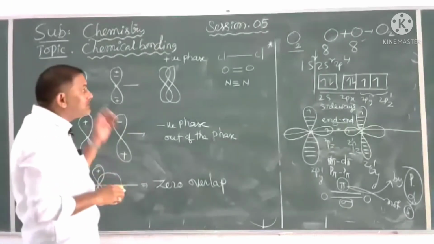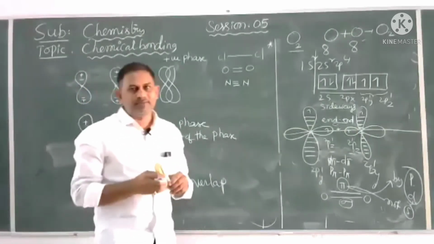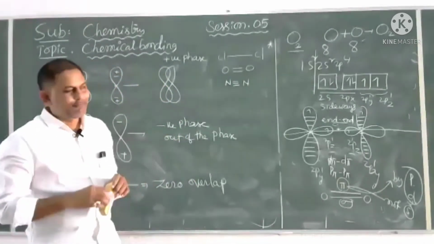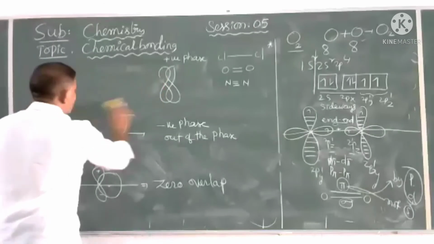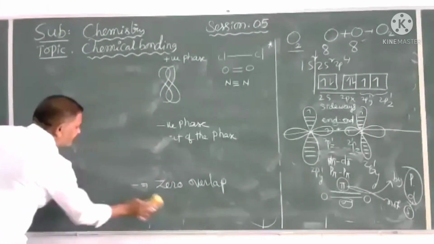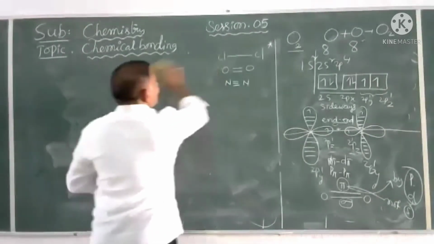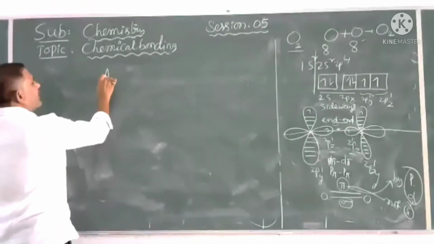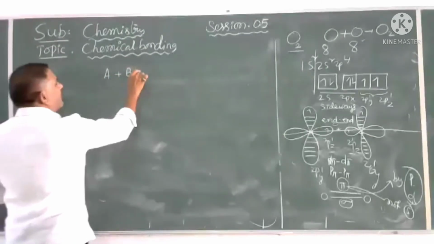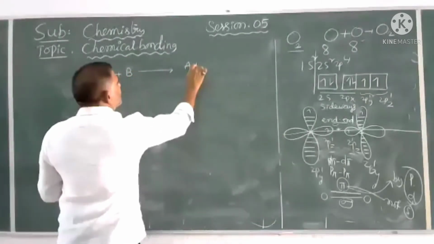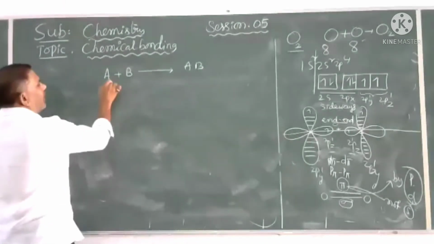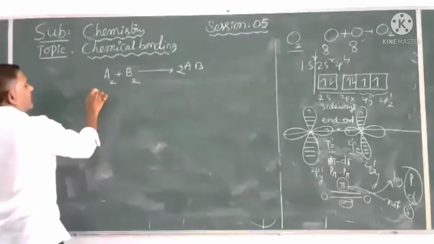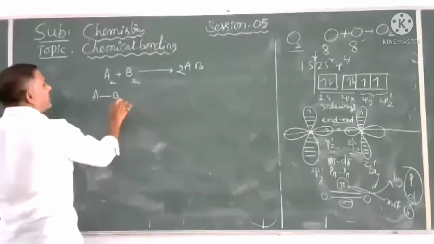While overlapping these atomic orbitals, there are some attractive and repulsive forces. For example, your A atom combines with B atom and gives an AB molecule, or A2 and B2 give 2AB.